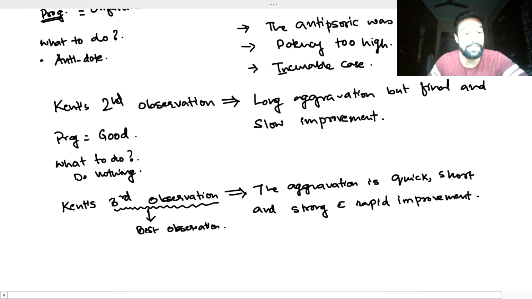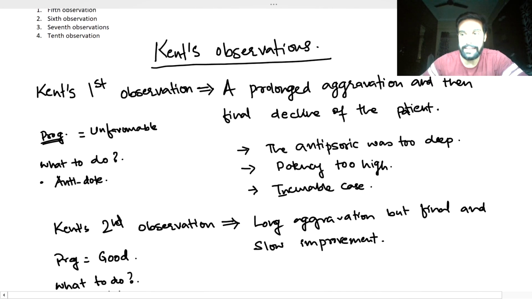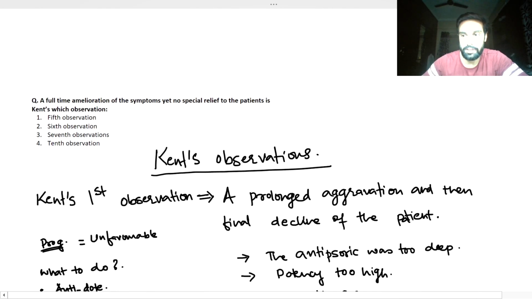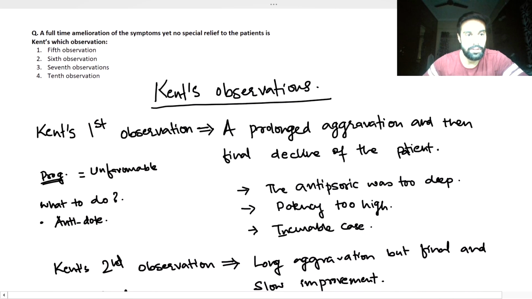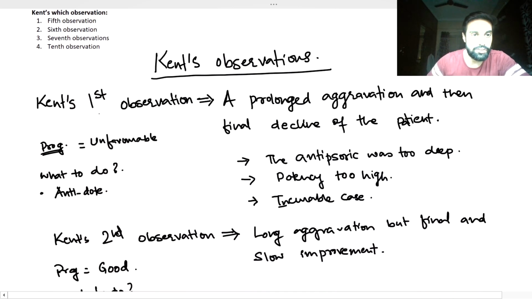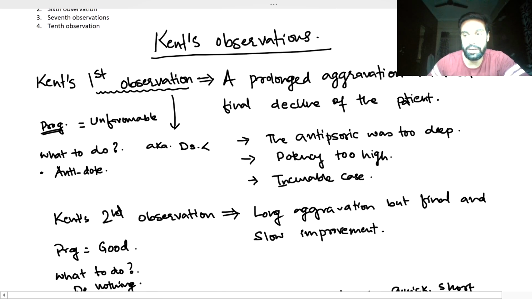And this Kent's third observation is also known as homeopathic aggravation. Okay. And the first observation is also known as disease aggravation, and homeopathic aggravation is the third observation.